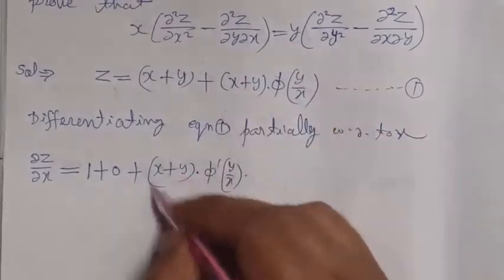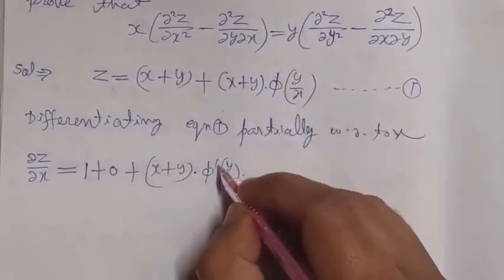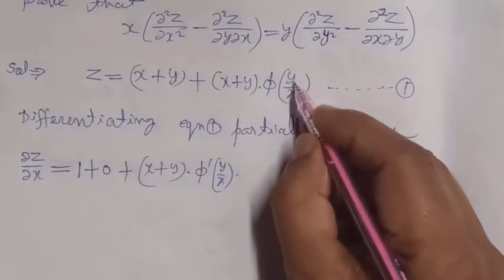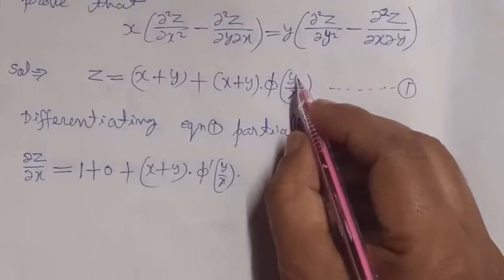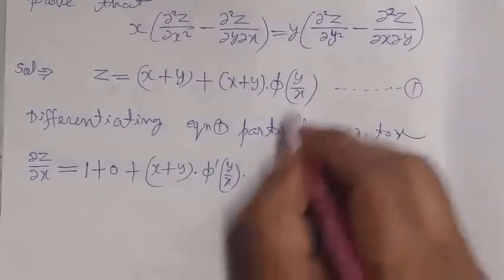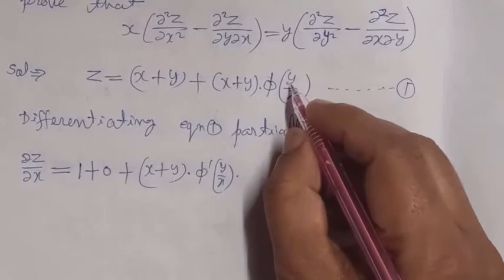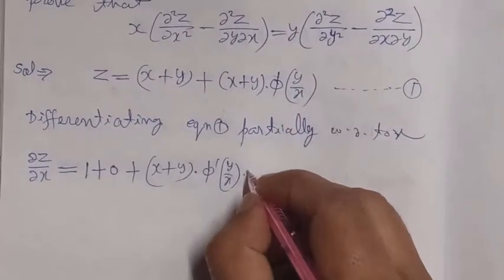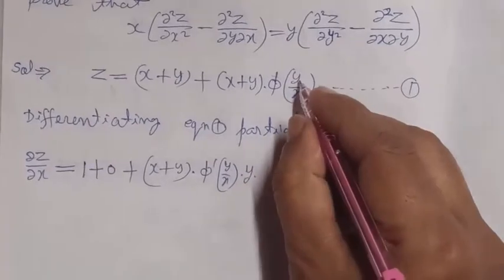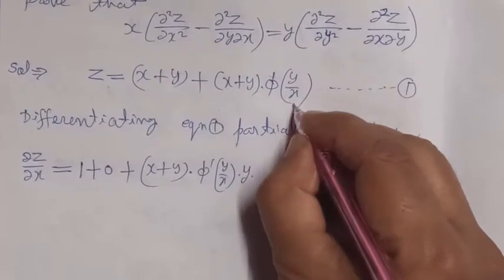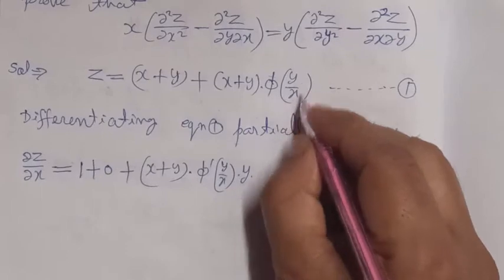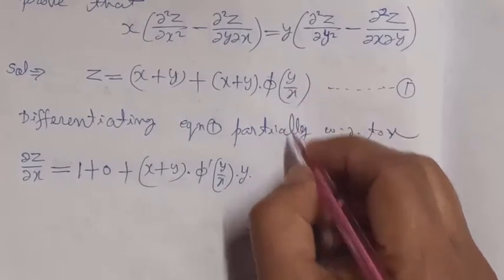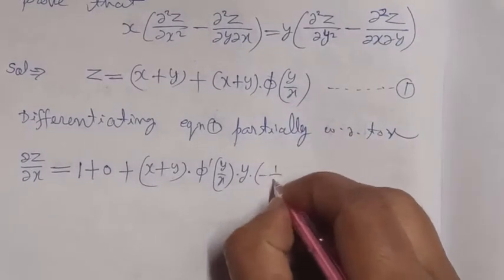First function as it, differentiation of second. Here y is constant, so I take it out, and only we have to differentiate 1 upon x. We know that differentiation of 1 upon x is equal to minus 1 upon x square.